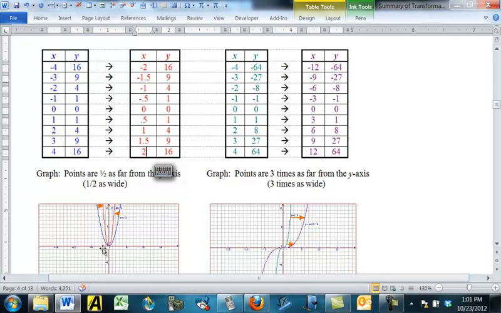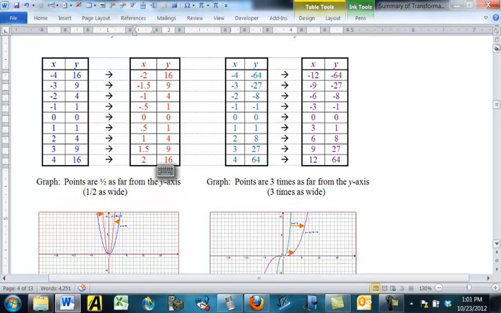So if this went from, oh, I don't know, negative, well, not quite to negative 4. Let's say it actually went all the way out to negative 4. Then the new one would only go out to negative 2 on the left, and on the right, say the original actually went out to 4, then the new one's only going to go out to 2 instead.